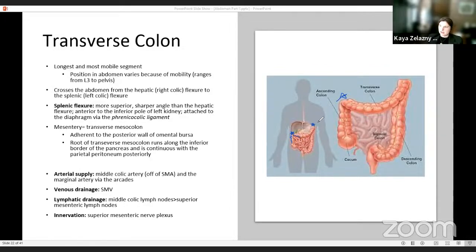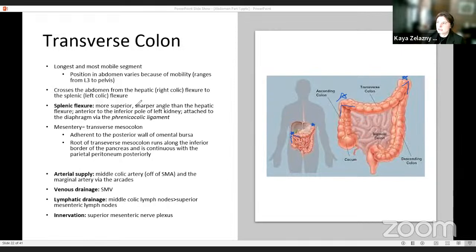And then we'll have another corner at its end, which is your splenic flexure or your left colic flexure. And you're going to see that that's higher up, right? Okay, so one of these turns is going to be higher than the other. That splenic flexure is more superior. It also has a sharper angle than the hepatic flexure did. When you look at it relative to other structures, you'll see that it's kind of anterior to the inferior pole of our left kidney.